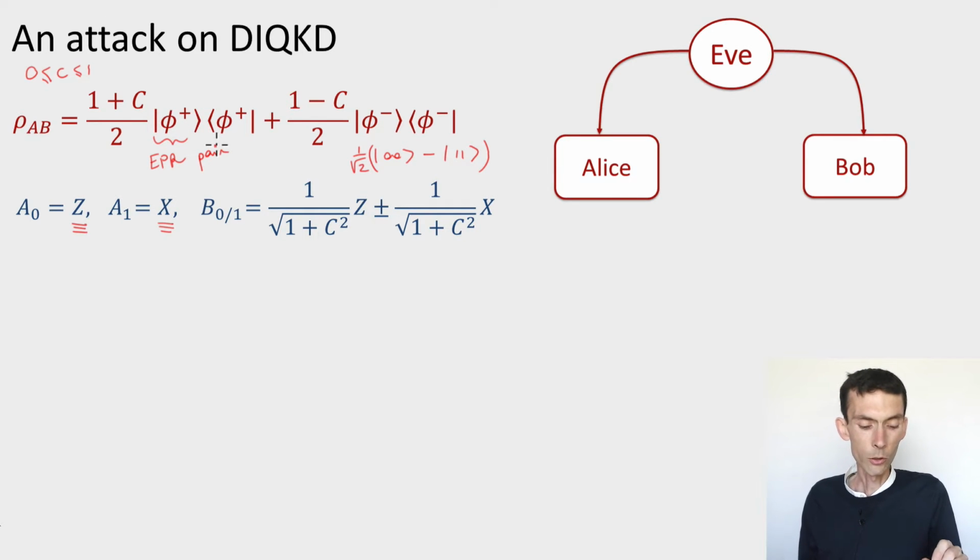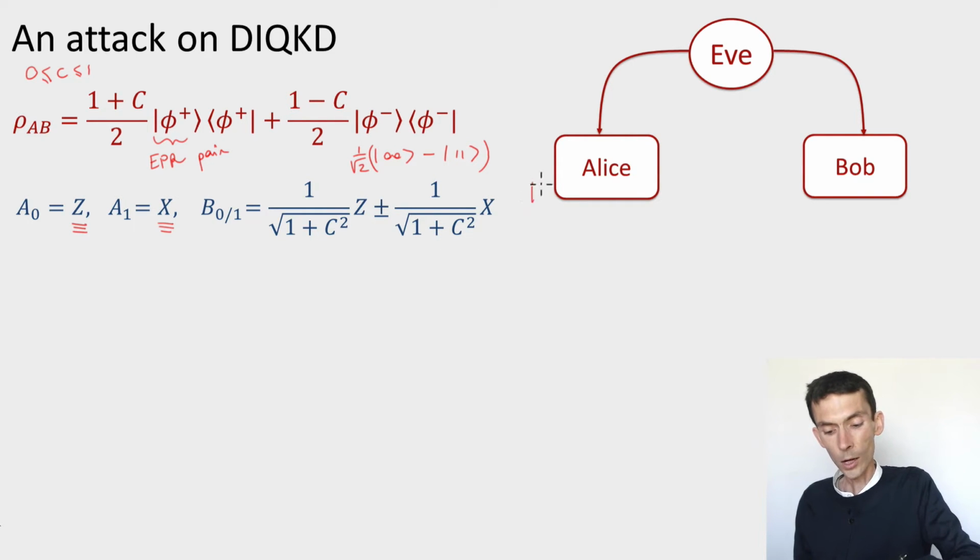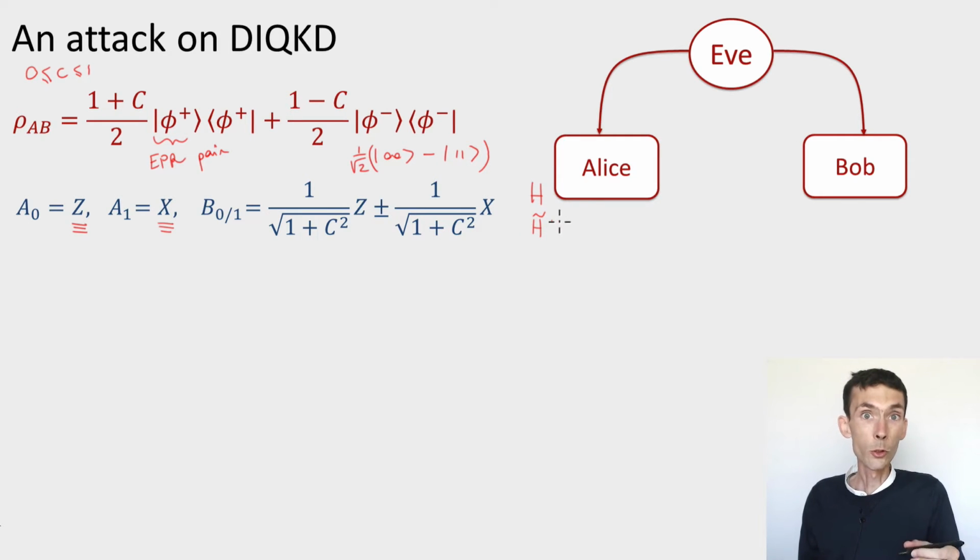Alice's measurements are the correct measurements, and Bob's measurements, with C equal to 1, you get 1 by root 2 times Z plus or minus 1 by root 2 times X, and you can check that this gives you the Hadamard and the Hadamard tilde, which are the measurements that are supposed to be performed by the Bob device in an optimal strategy. But in case C is a little bit smaller than 1, then these measurements are slightly rotated.